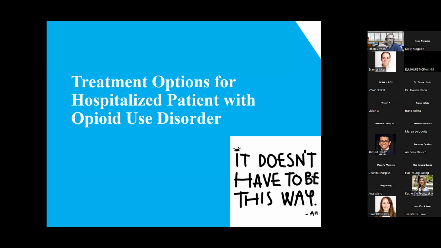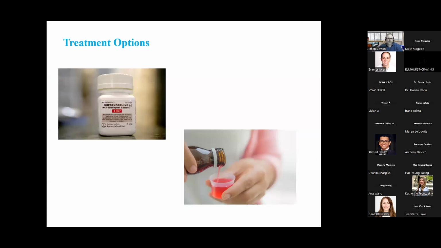So we're going to talk about what those different treatment options are and how you might employ those for the hospitalized patient. The two treatment options that I'm going to specifically talk about are buprenorphine and methadone. I'm not going to spend a ton of time on methadone. We'll spend most of the time talking about buprenorphine.